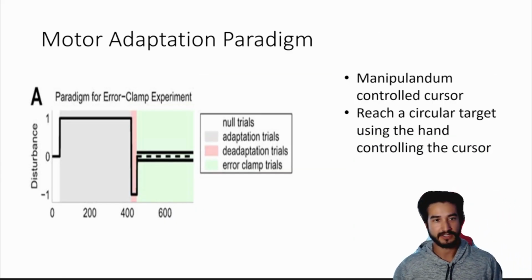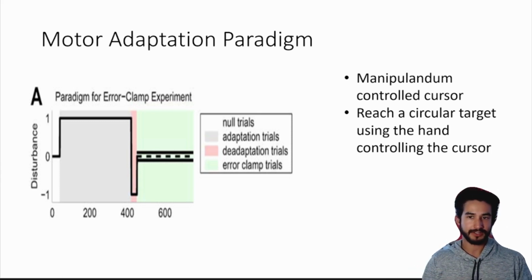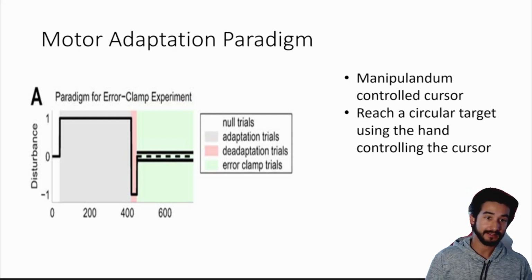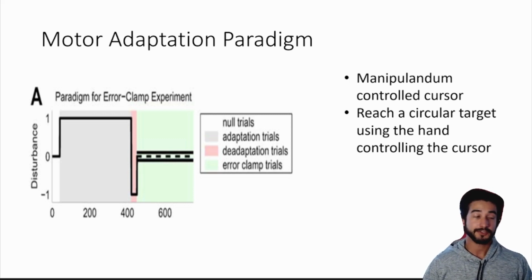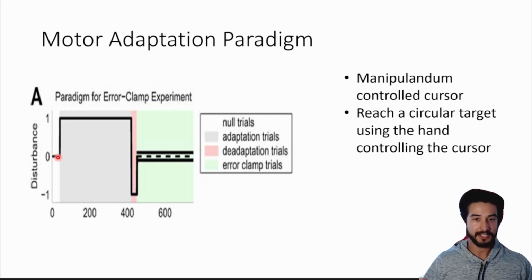They explored this phenomena in a motor adaptation paradigm. For this paradigm, participants controlled a two-joint machine that controlled a cursor. The participants' goal was to reach for a circular target using their hand that controlled the cursor. The initial trials were null trials, where there's no adaptation, there's no force being applied to the controller or the cursor, so they're just getting familiar with the task.